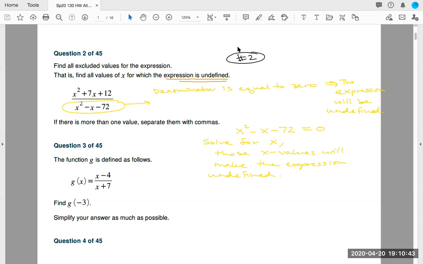Now, I know that this is hopping into solving a quadratic right now, which is probably not something super familiar to you. So what I'm going to start with is just the expression x squared minus x minus 72. Now, I'm going to go through this process again, but a little bit faster.